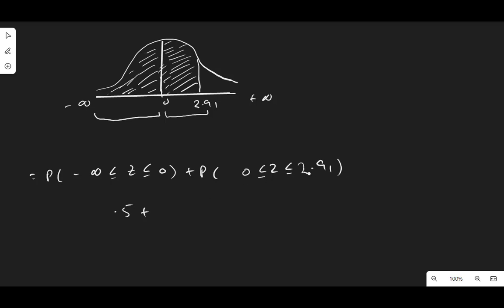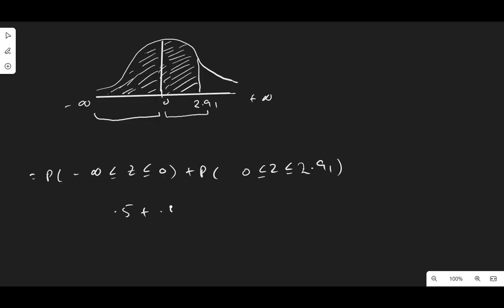And for 2.91, look under 2.9 and column 1 in the table. This is 0.4982. So 0.5 plus 0.4982 is equal to 0.9982, which is equal to 99.8%. What is the interpretation of this probability?